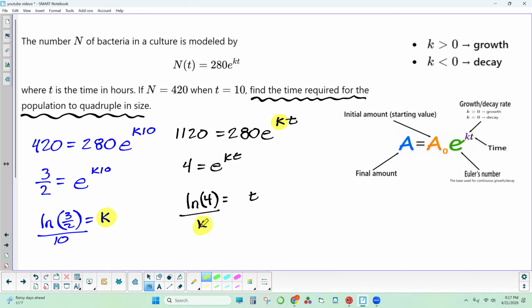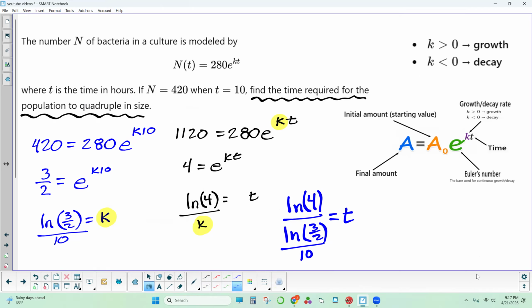So what I'm going to input into my calculator is natural log of 4 divided by natural log of 3 halves over 10. And that is going to give us the time it takes for our population to quadruple.